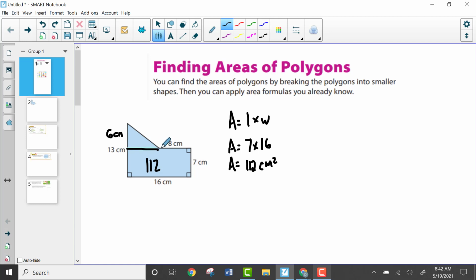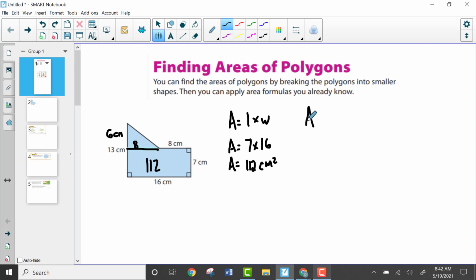Now we need to find the base of the triangle. We know the whole entire base of this polygon is 16. However, up to the point of the triangle, it's 8, so the other part is going to be 8 as well. So it's a base of 8, a height of 6.